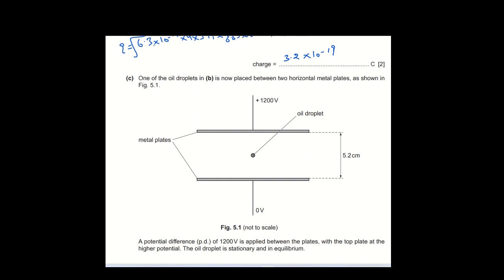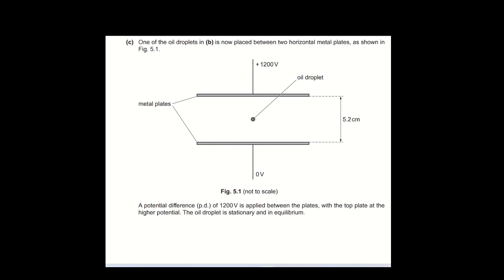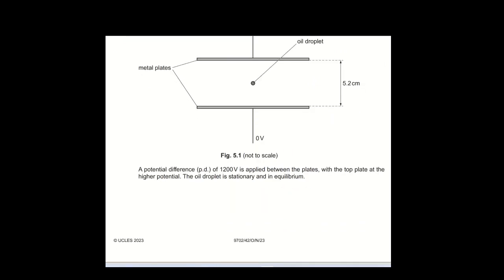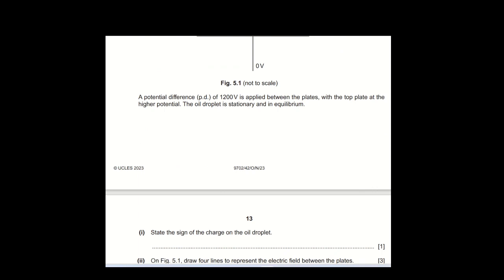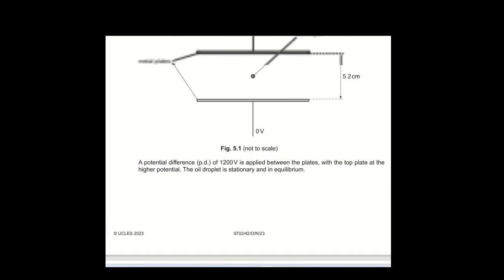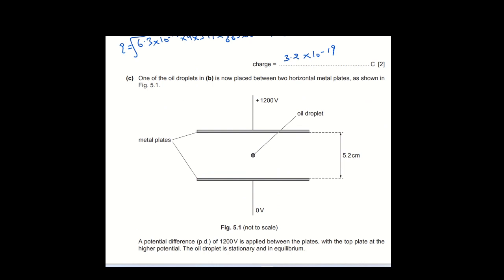Now C part. One of the oil droplets is now placed between two horizontal metal plates as shown. A potential difference of 1200 volt is applied and the oil droplet is stationary and in equilibrium. State the sign of charge on the oil droplet. Now if the oil droplet is here, then its weight should act downward.